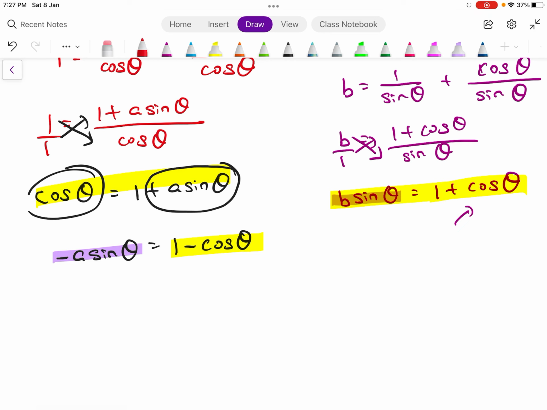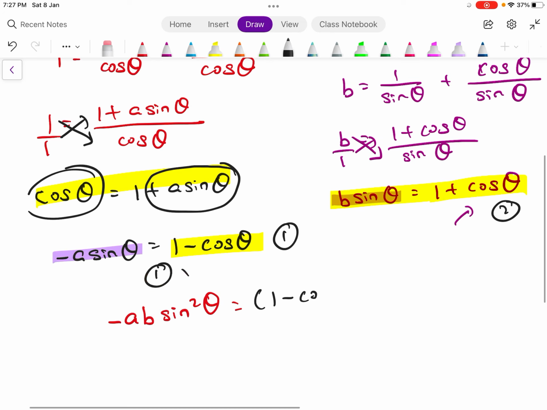Minus A sine theta times B sine theta is equal to minus AB sine square theta. Now I do the right hand side. Maybe I just write equation 1, equation 2. So I use equation 1 multiplied by equation 2: 1 minus cosine theta multiplied by 1 plus cosine theta.